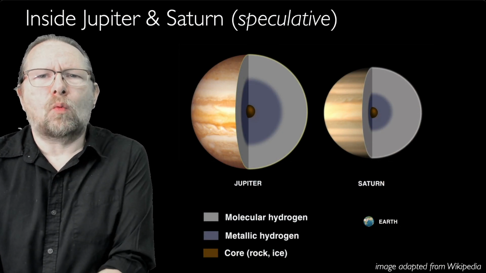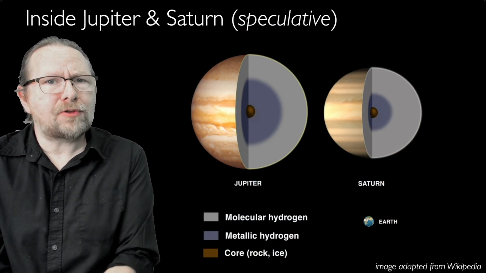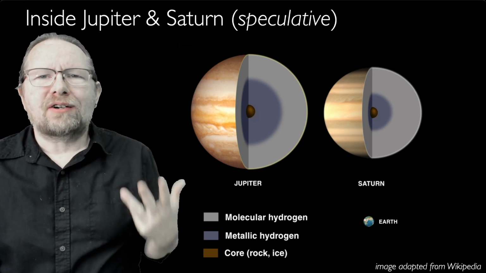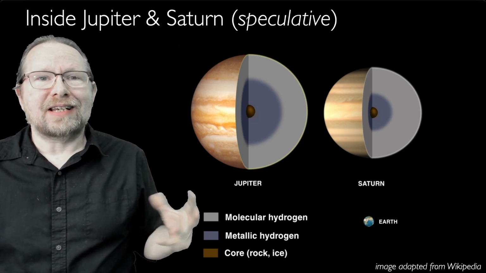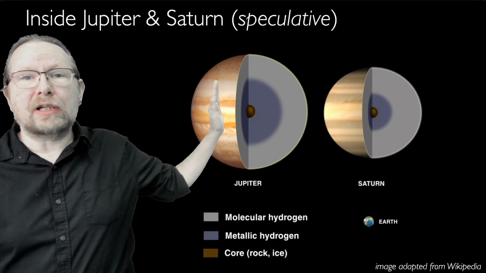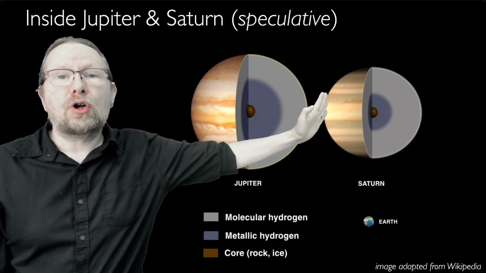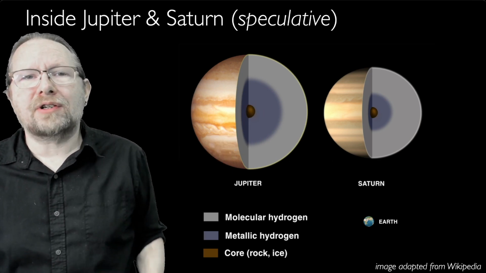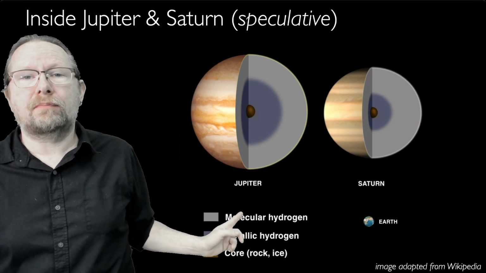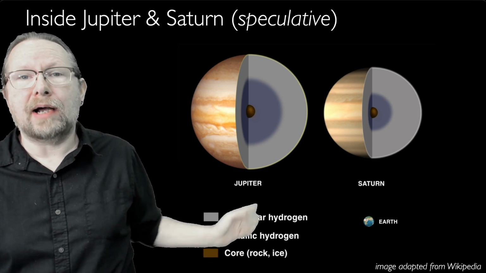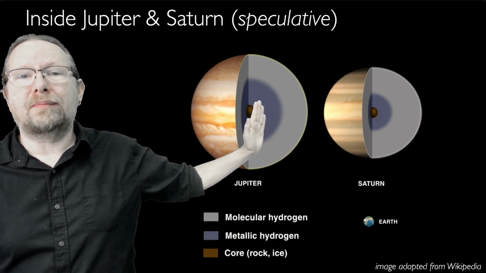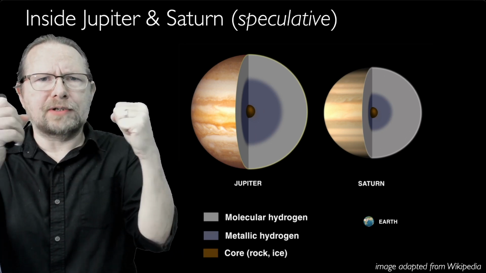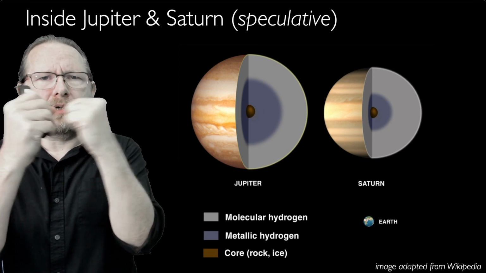As far as what happens when you get beneath those clouds, as I said at the beginning, the Jovian planets like Jupiter and Saturn don't really have what we would think of as a solid surface. They are essentially all atmosphere. As you go deeper and deeper into Jupiter, there's a gradual transition from H2 gas, molecular hydrogen, to what we call metallic hydrogen, hydrogen where the hydrogens aren't bound together as H2.